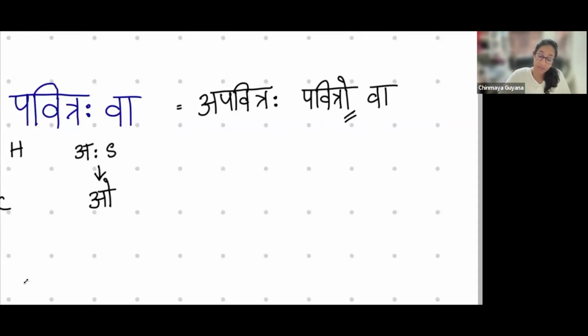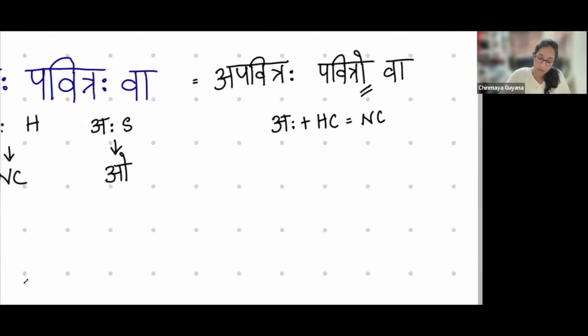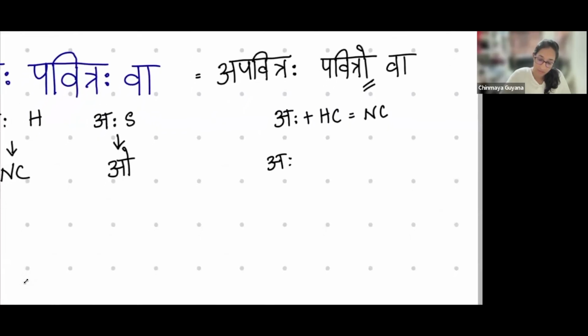So apavitraha, the rule is aha plus hard consonant equals no change. O here, aha plus pavitra, right?